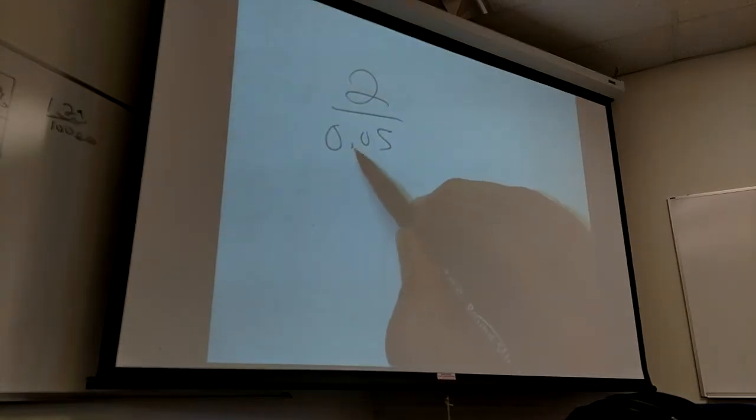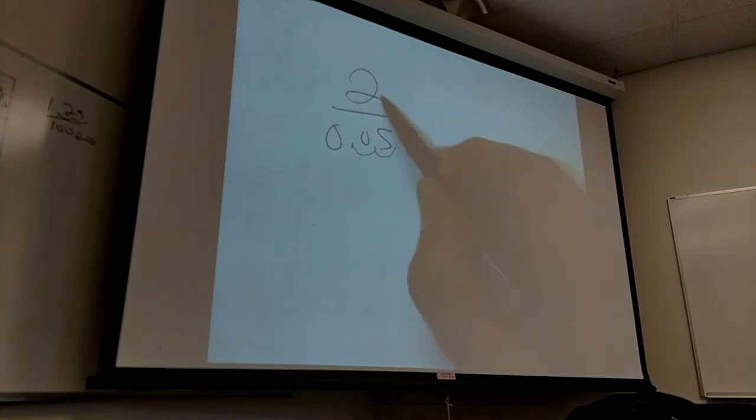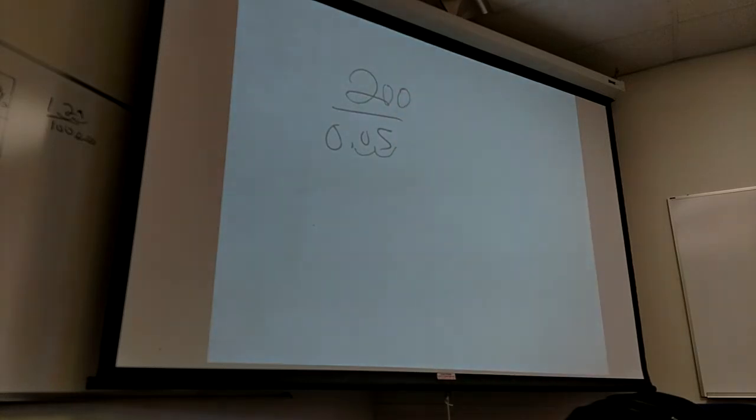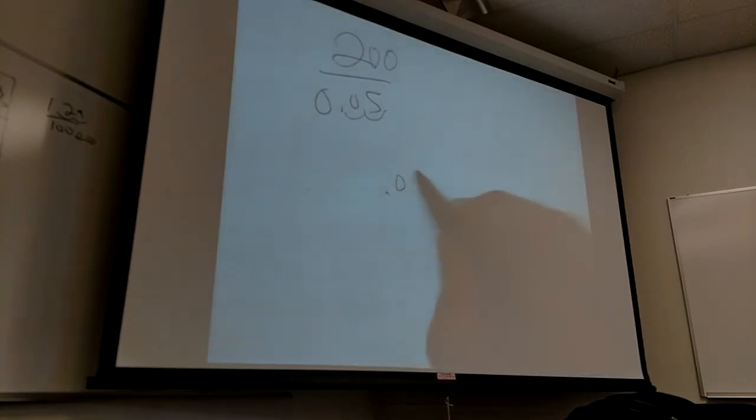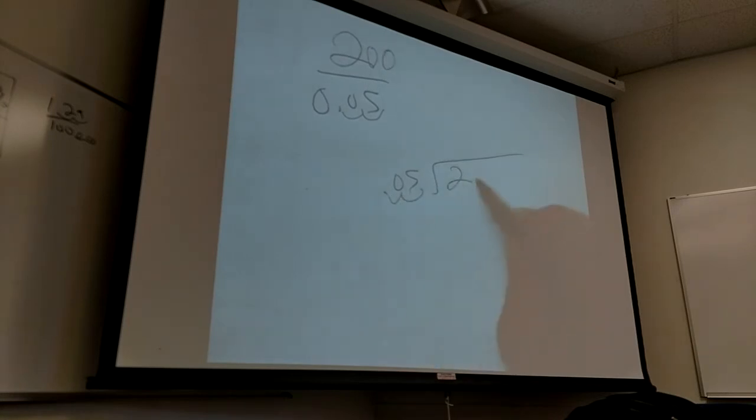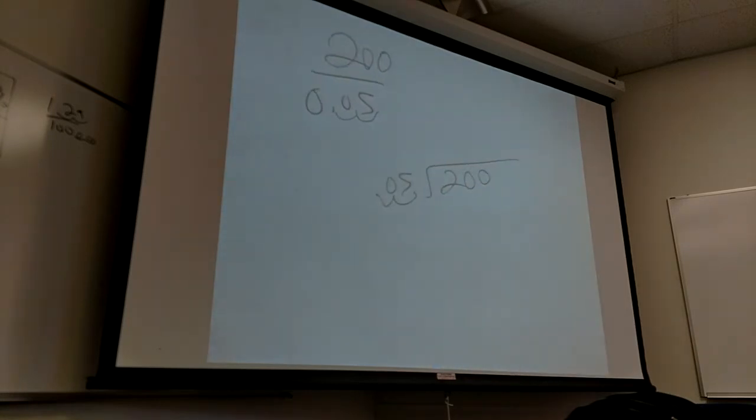If I move this over once, twice, so it's no longer a decimal, I have to do the same thing to the top. We've done that many times. So if I want to do 0.05 into 2, I move this over twice, and move this over twice. 5 goes into 200 40 times. Okay, I'm not going to say any more about that.